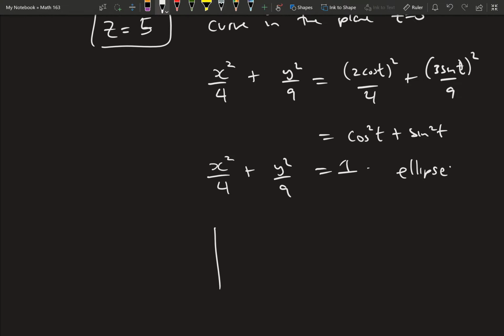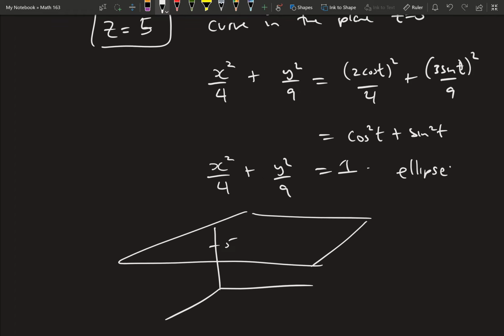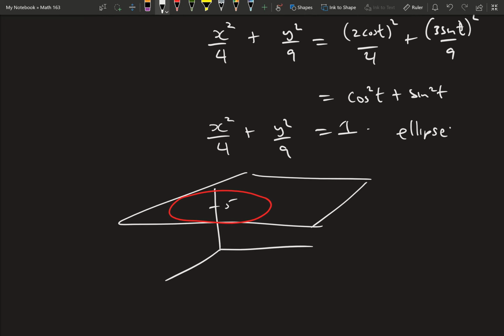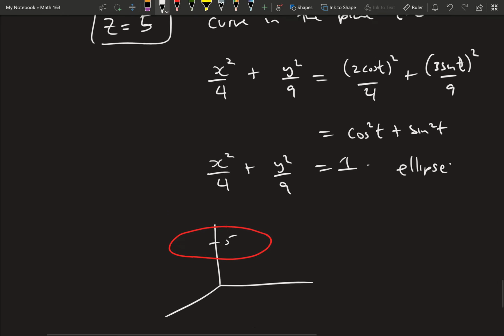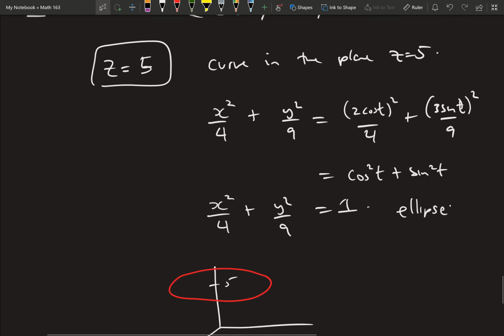So we simply have, in the plane z equals 5, so here is 5, we can draw the plane, then we have an ellipse defined by that equation. Let me get rid of this plane because that's technically not part of the graph. We have the ellipse sitting in the plane z equals 5. Which way is this oriented? That's the last part of this. 2 cosine t, 3 sine t.